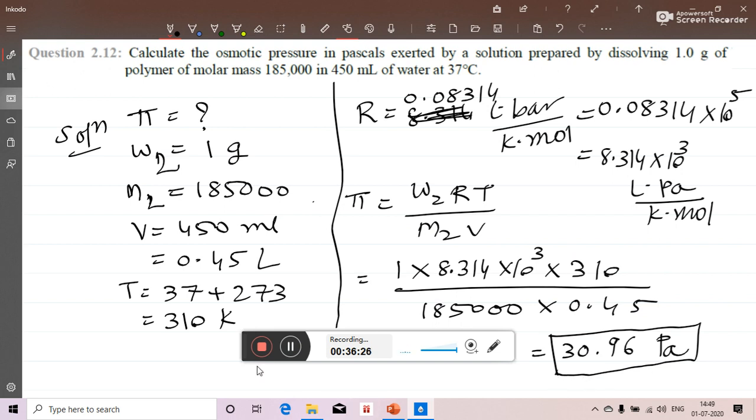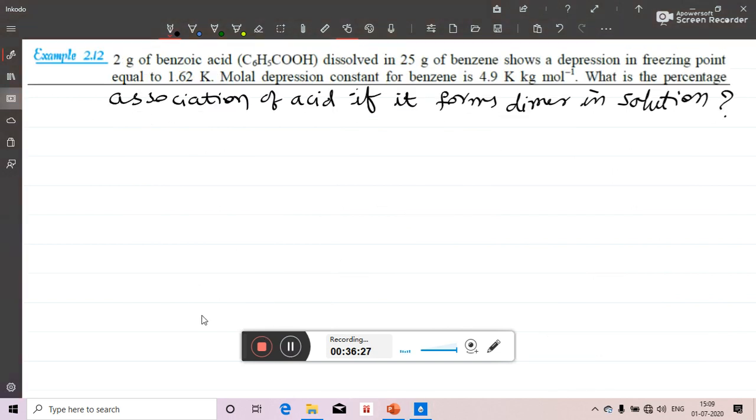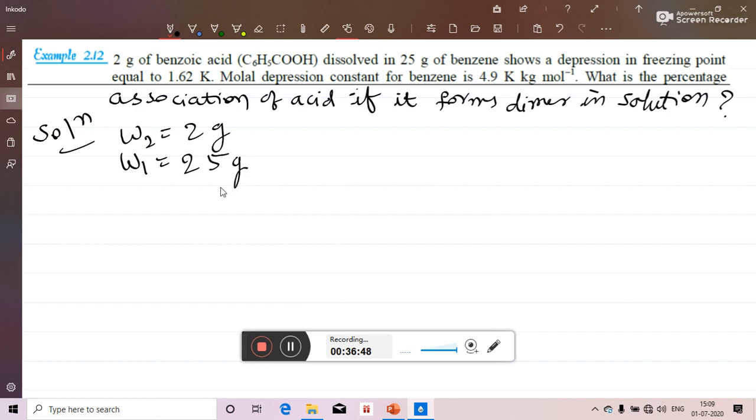Now next is example 2.12. 2 gram of benzoic acid, so W2 is equal to 2 gram, is dissolved in 25 gram of benzene, so W1 equal to 25 gram, shows a depression in freezing point, that is delta TF equal to 1.62 Kelvin.